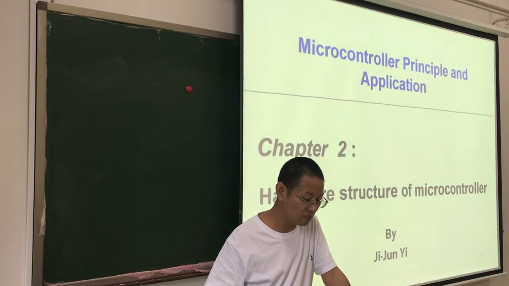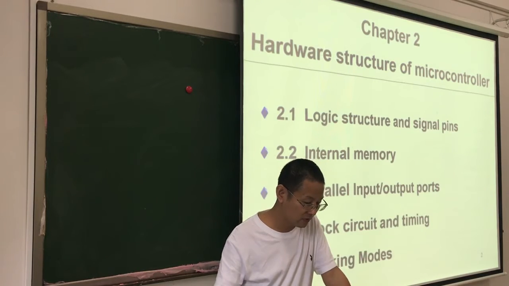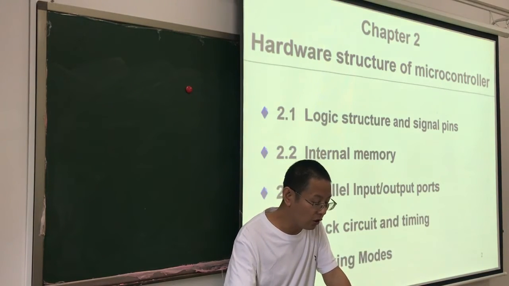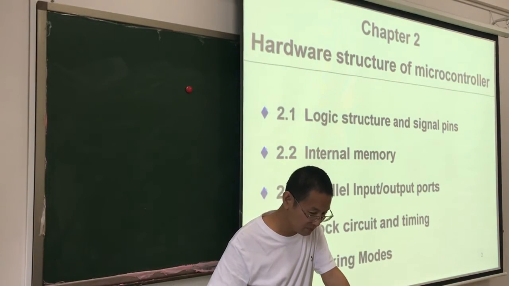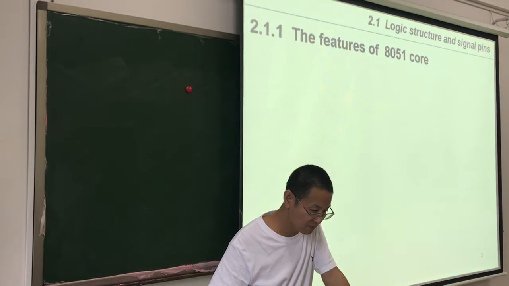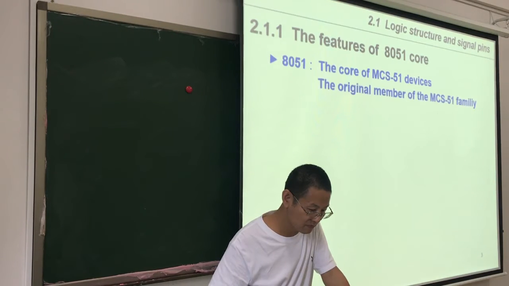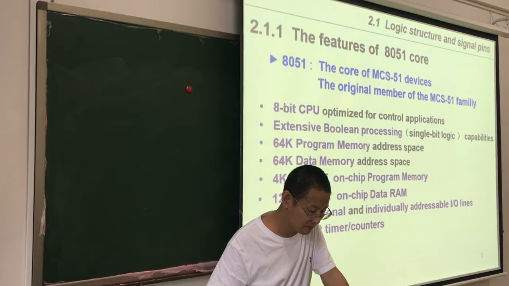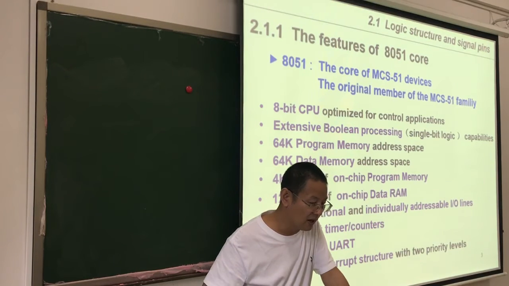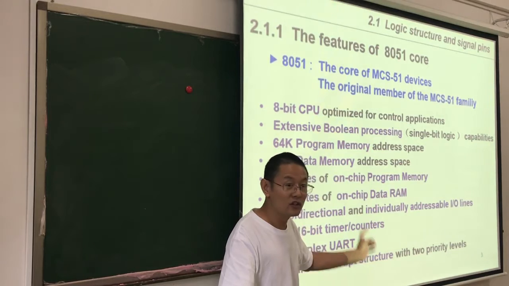The hardware structure of the microcontroller includes logic structure and signal pins, internal memory, parallel I/O ports, clock circuit and timing, and working modes. I have already told you about these features.